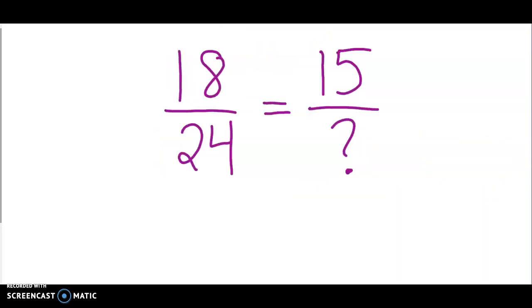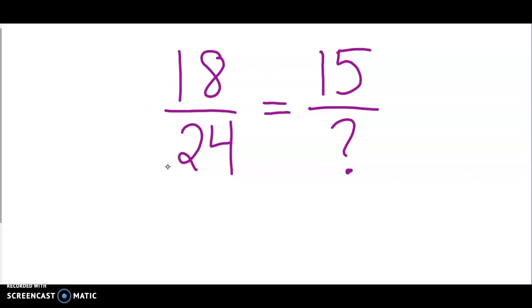In our last example, I have the ratio 18 to 24 is equivalent to the ratio 15 to question mark. I'm not sure what to divide 18 by to get 15, so I'm going to look at the ratio 18 to 24 and see if I can simplify it.